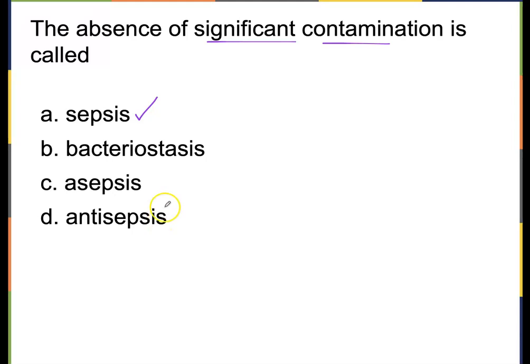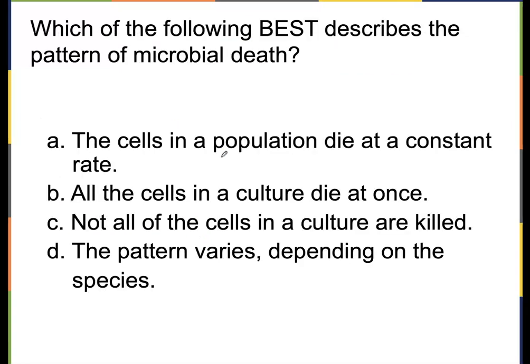Asepsis and antisepsis are really close, but antisepsis is an agent, an antiseptic, so that's not the term. It is asepsis, which is being free of significant contamination. Bacteriostasis, remember, is when a chemical or physical agent does not allow the bacteria to reproduce, but keeps them alive.